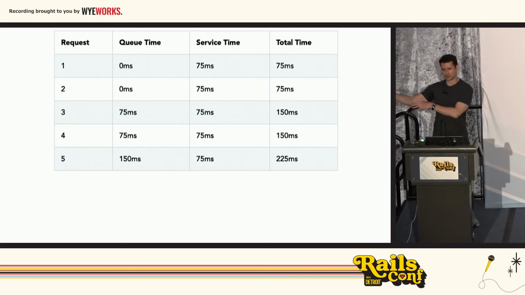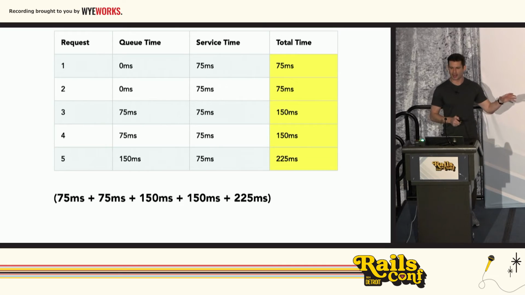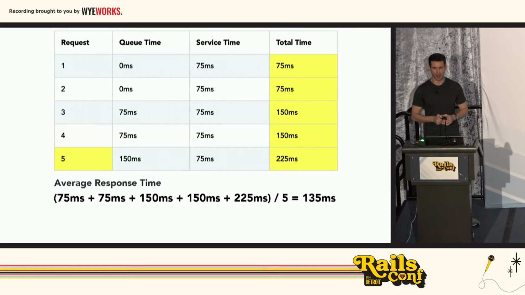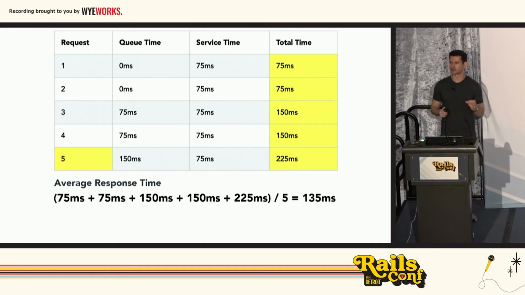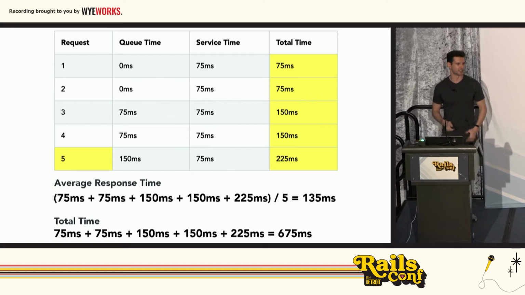Again, taking the sum of our total response time and dividing by number of requests, now we land at an average response time of 135 milliseconds, and a total time to process our set of traffic at 675 milliseconds, putting us well on pace to process our queue at a faster pace than our arrival rate, so that our queue doesn't back up.